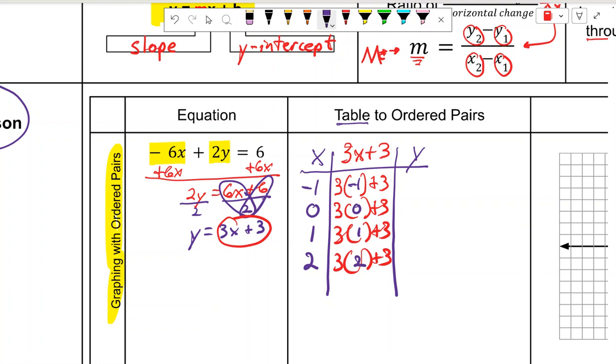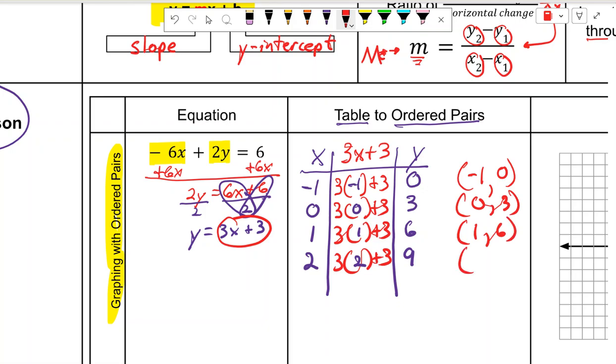And now you just do the math. So 3 times -1 is -3 plus 3 is 0. This is going to be 3, and then a 6, and a 9. Now we're going to make ordered pairs with what we just found. Our ordered pairs have parentheses with a comma. Our first one is (-1, 0), then (0, 3), then (1, 6), and then (2, 9).